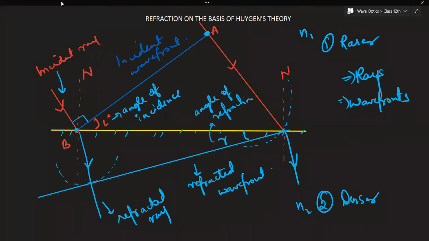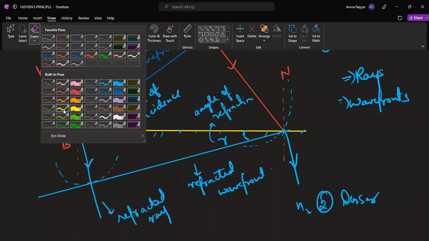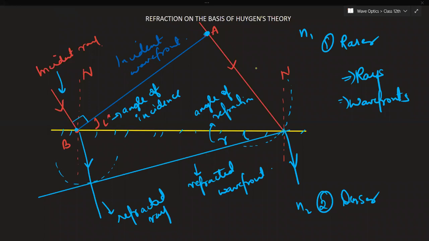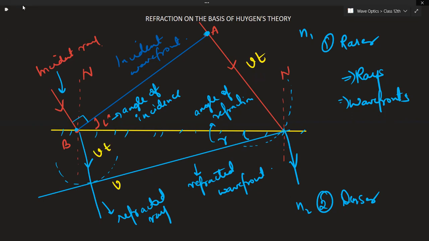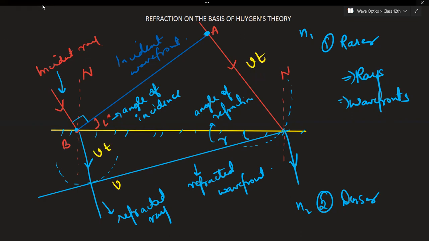So these were the things that were required from here. But see, there are two different media here, no? One is rarer, one is denser. So we will not write vt everywhere. This is vt and this ray is also vt? No, because the medium is changing. So how can you write vt?